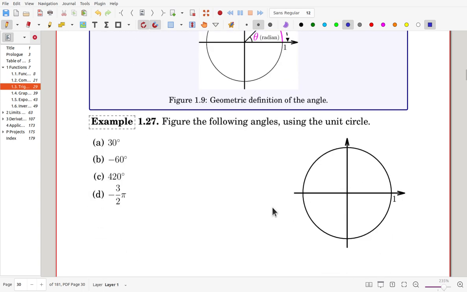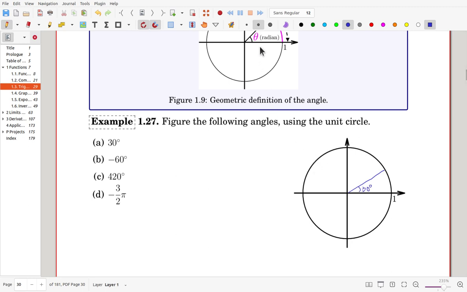So here, for this problem, for example, if you try to figure the angle of 30 degrees, in the beginning one third of the 90 degrees will be this one. So that is 30 degrees.